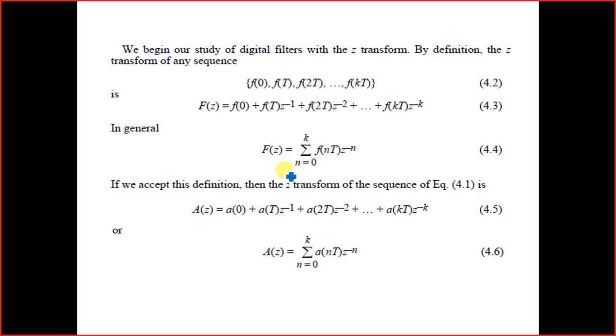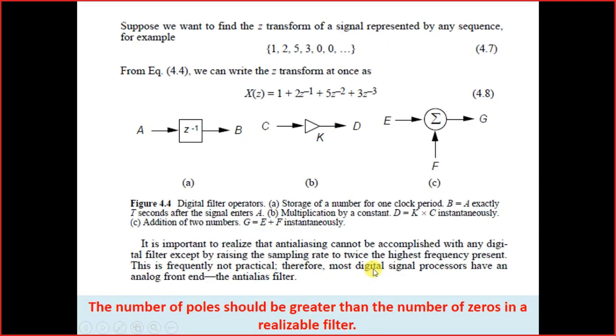Now, if we generalize the system, say for a signal a of n, then we get this information: A(z) equals a0 plus a(T) z inverse plus a(2T) z to the power minus 2 plus dot dot dot plus a(kT) z to the power minus k, and we get this equation. So what is the gain from here?